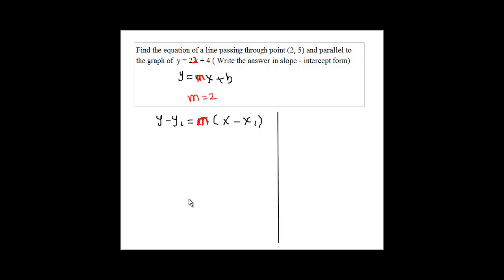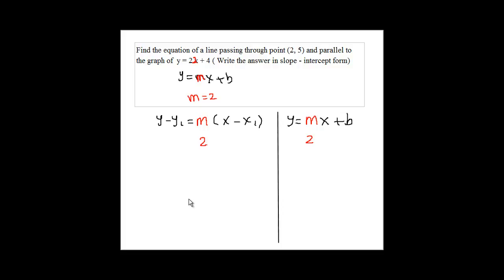You could use y is equal to mx plus b, slope-intercept form, or you could use y minus y1 is equal to m times x minus x1, like Brian suggested. Either way, the slope is 2 because the slope of the reference line is 2.